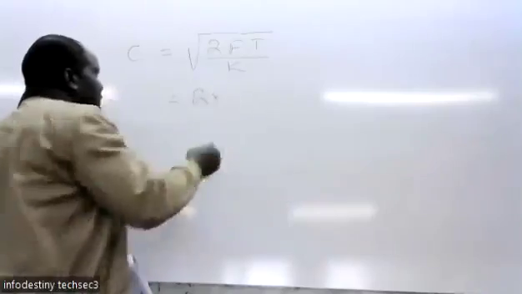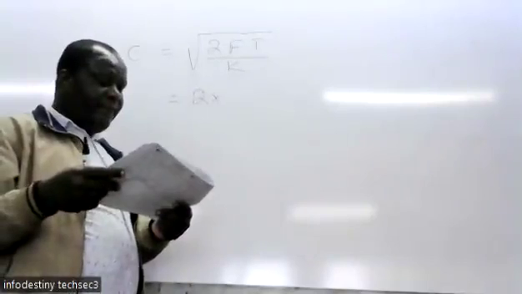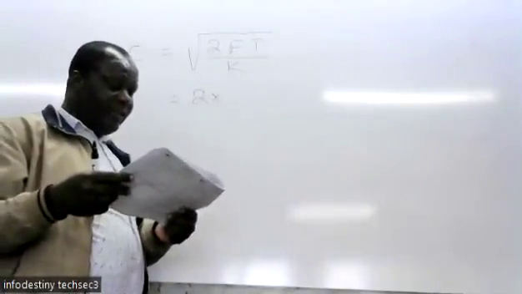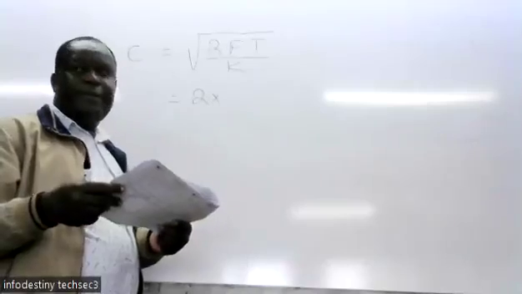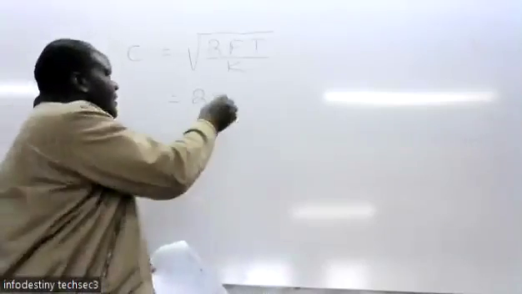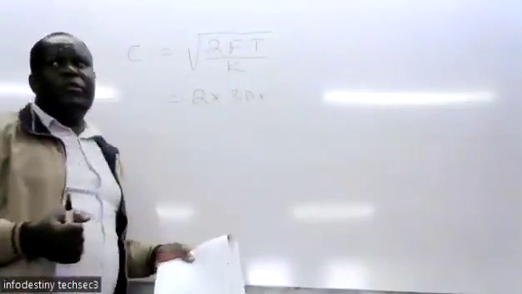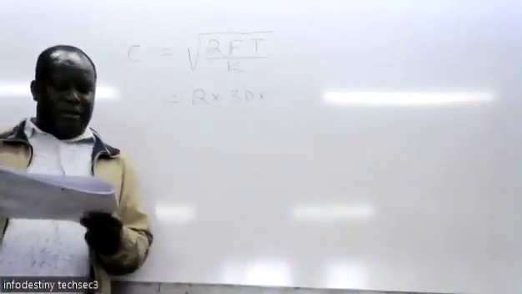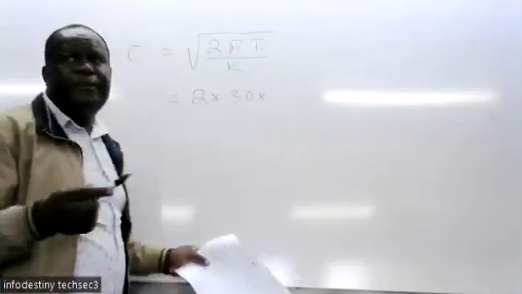F has been given as the fixed transaction cost per transaction, 30 shillings. So 30 is our F. T is the total amount of cash required. It is 45 millions. Are you able to see the 45 millions?